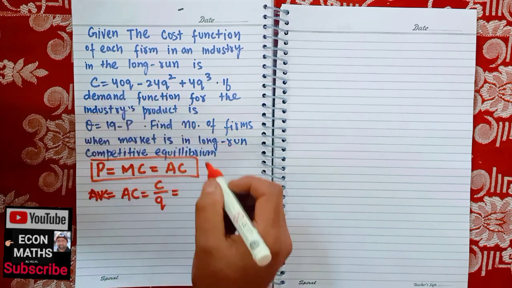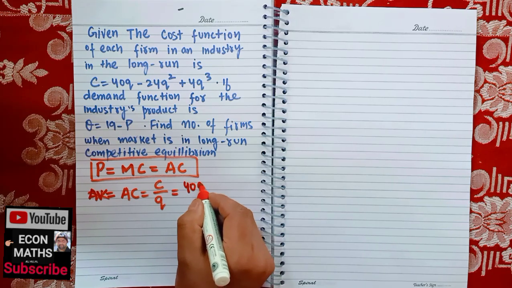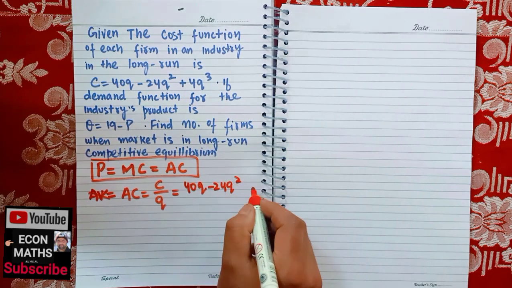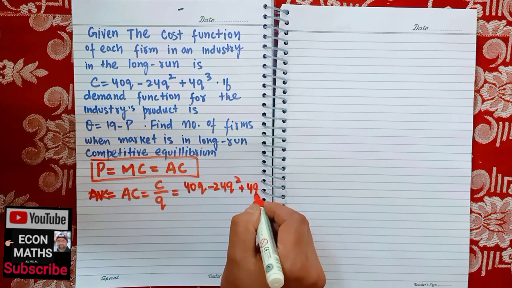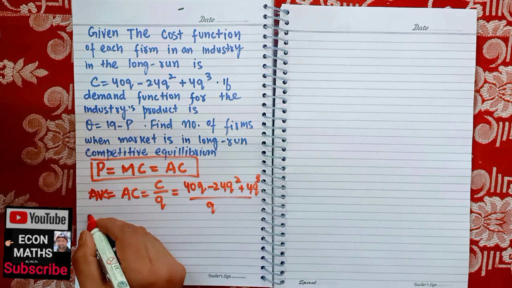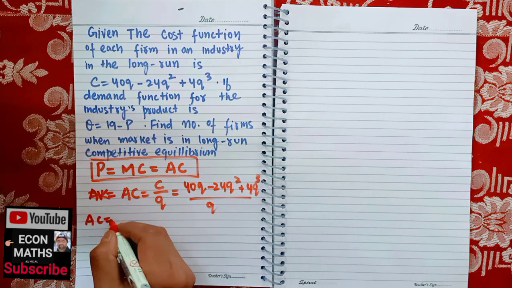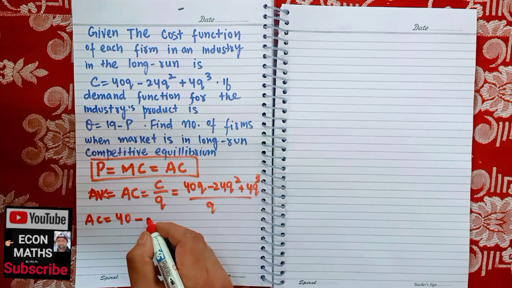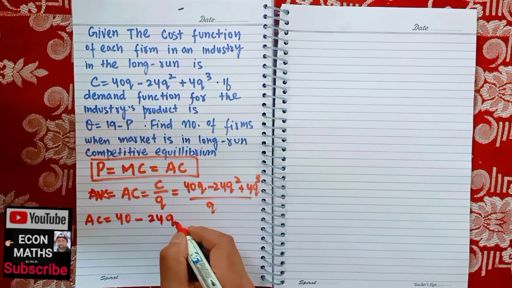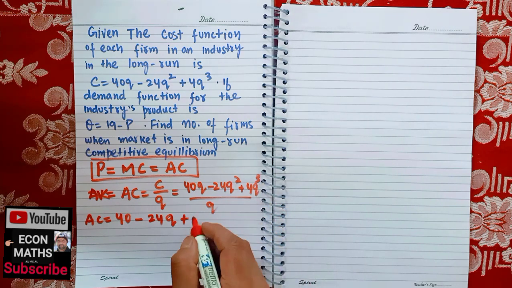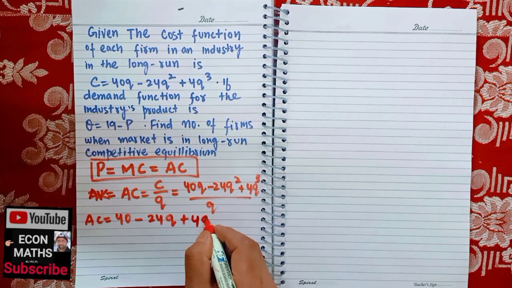The total cost function is 40Q - 24Q² + 4Q³. Dividing by Q, we get average cost = 40 - 24Q + 4Q².